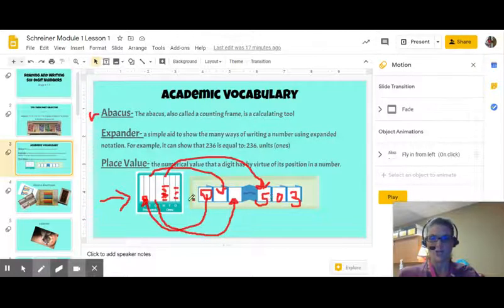That 5 goes here. There is nothing on this tens line. And there are 3 items on this one, so I'm going to put this 3 over here. So my number would be 5, what position is it in? 100. So 503.